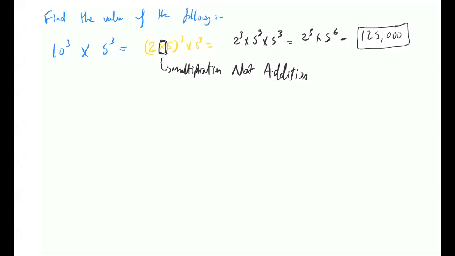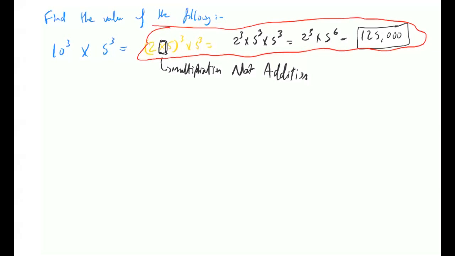You don't have to do what I did here, but I just wanted you to understand it better. But you can just say that it's a thousand times 125. That will be 125,000. It's very simple, but I just wanted you to understand this trick.